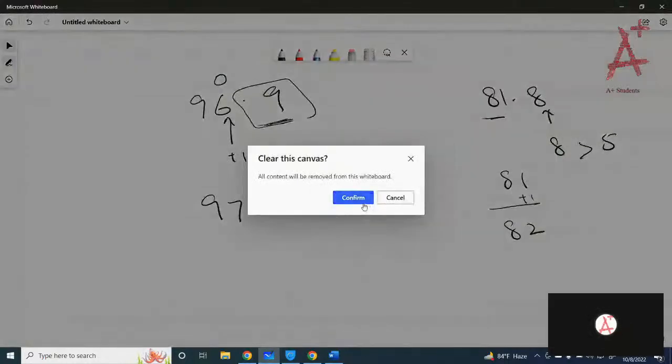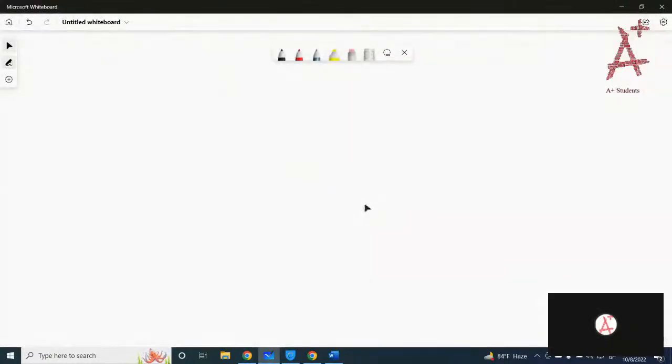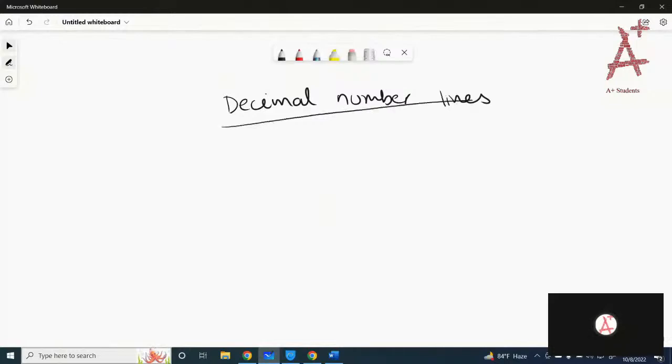So let's start with decimal number lines with an example.